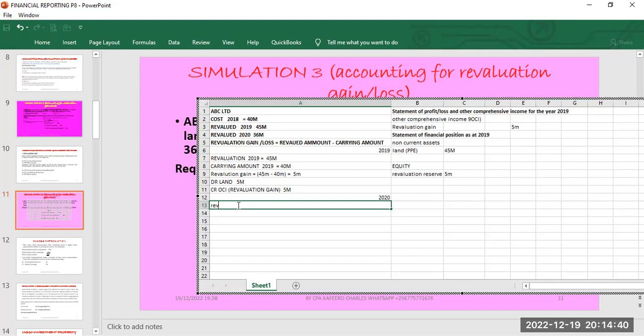So we go to the revalued amount. The revalued amount is 36 million. That's what they are telling us in 2020. But the carrying amount, since we don't have depreciation, is 45 million. It's not 40 because we ended in 2019.